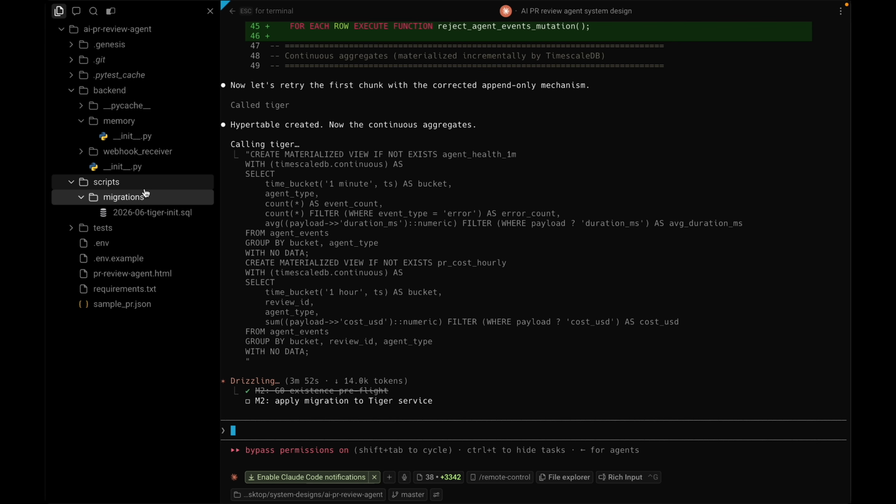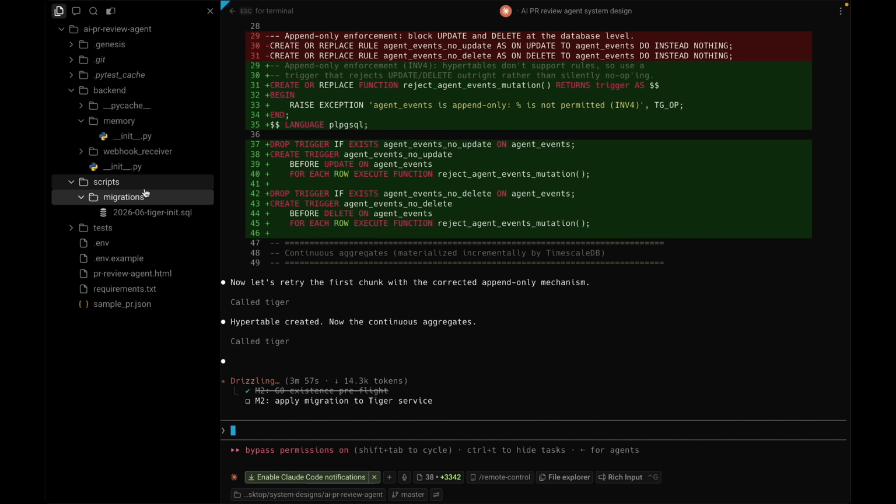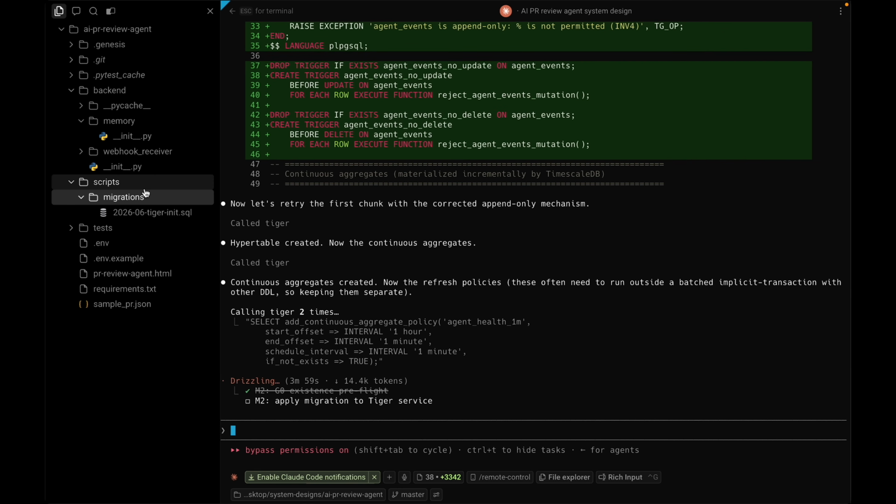So it's creating all the memory shapes and tables which are needed, as per our design principles.